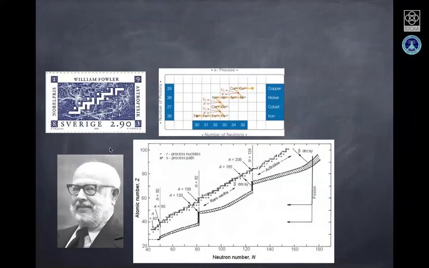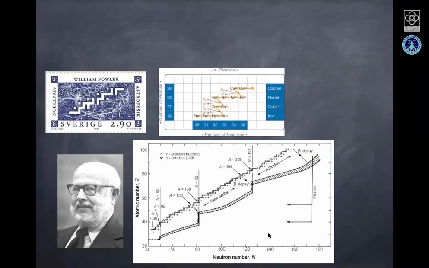This is the stamp in honor of the Nobel Prize given to William Fowler, and the design actually comes from the atomic number versus neutron number plot. This is the process by which the different nuclei are produced during the supernova.